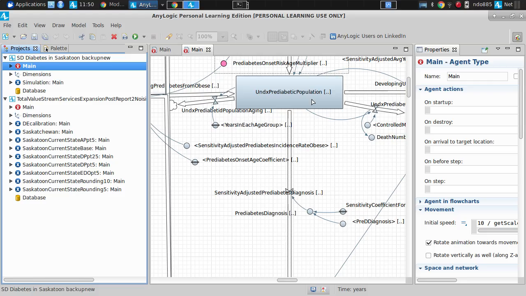Well, first of all, there are spot screens that go on as part of community activities. So the Saskatoon Health Region has run screening initiatives where there's some measurement of individuals who are drawn from the population and are found to be pre-diabetic.